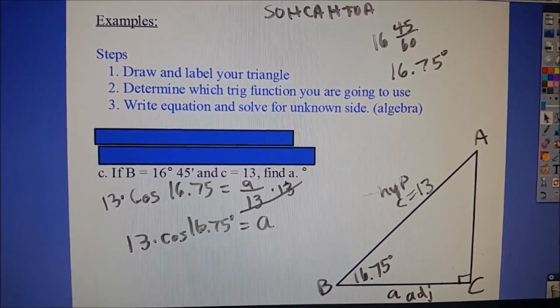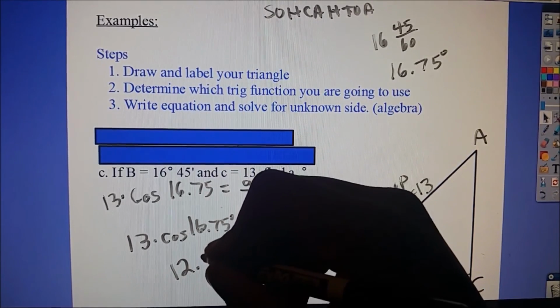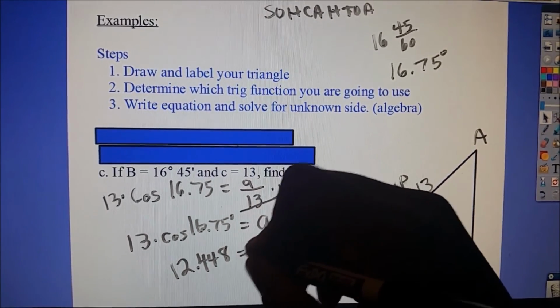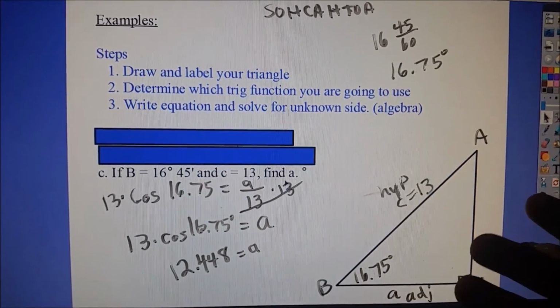Type that in your calculator, and you're left with 12.448 equals a.